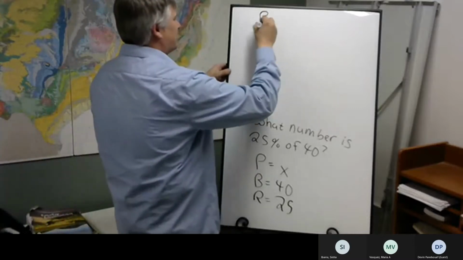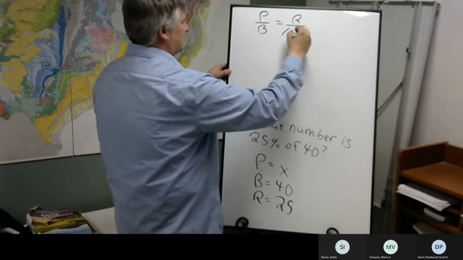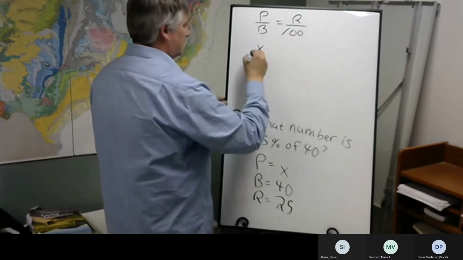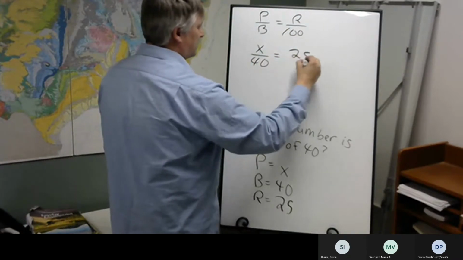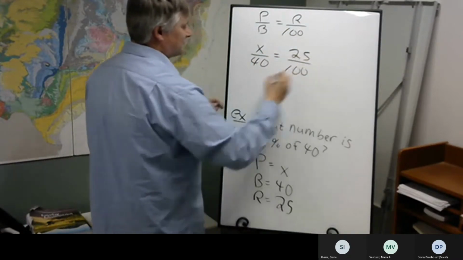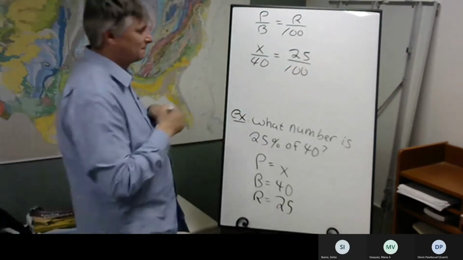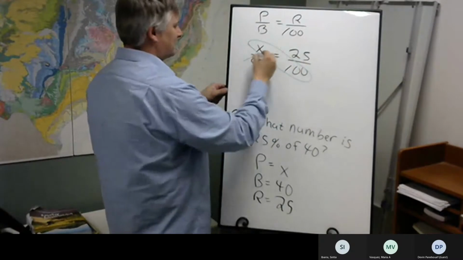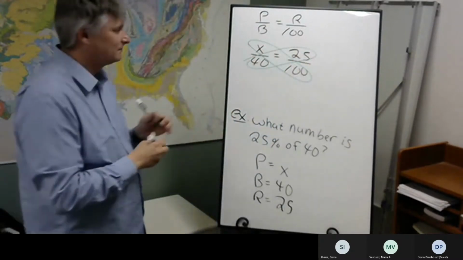So we take our formula, x over 40 is 25 over 100. And now we use that cross product rule. x times 100 equals 40 times 25.